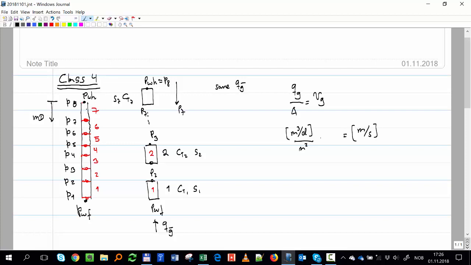Therefore I have to include this conversion factor: 1 day is 24 hours and 1 hour is 3600 seconds. Such that day cancels out with day, hour with hour, and I end up with meters per second, exactly what I wanted.